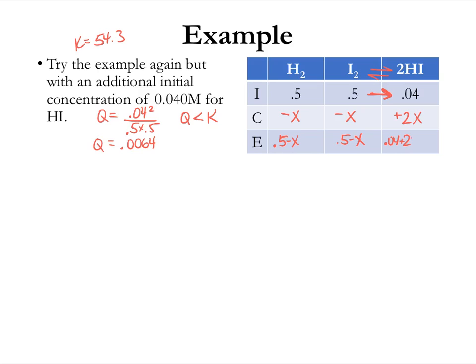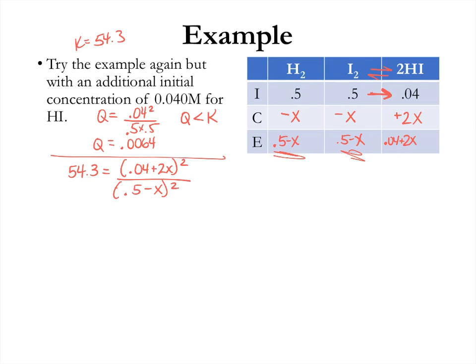0.04 plus 2x. Okay, so now we can figure out x by using the equilibrium expression. So we have 54.3 equals the quantity 0.04 plus 2x squared, because of the equilibrium expression, divided by the quantity of 0.5 minus x, and that's going to be squared because I'm doing that twice.